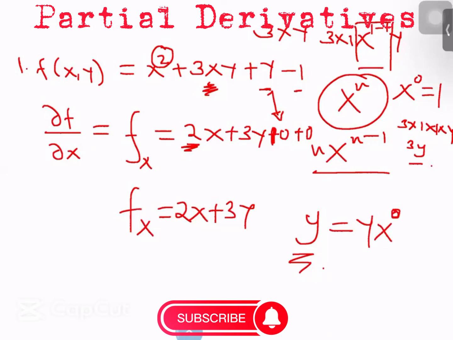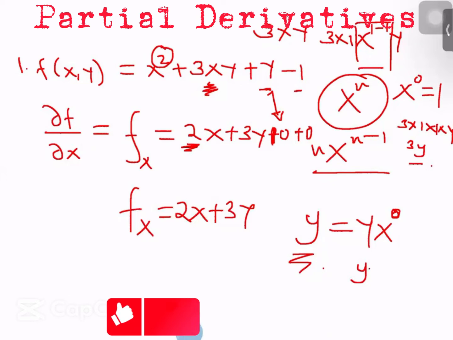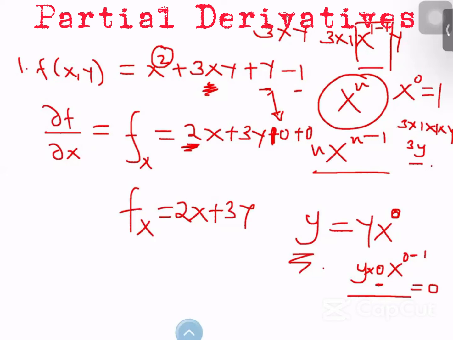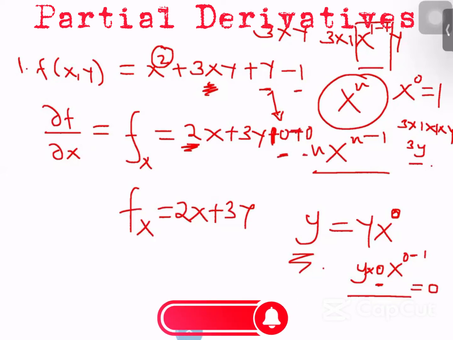This is the same as y, bring the 0 down, so you multiply by the 0, and then x to the power 0 minus 1. So without even going further, because we have a 0 multiplying all these, automatically this ends up being 0, and that's why we have a 0 there. And even the 1, sorry, here it's a minus, but it's still the same anyway.